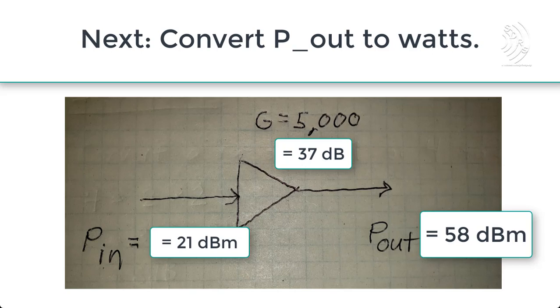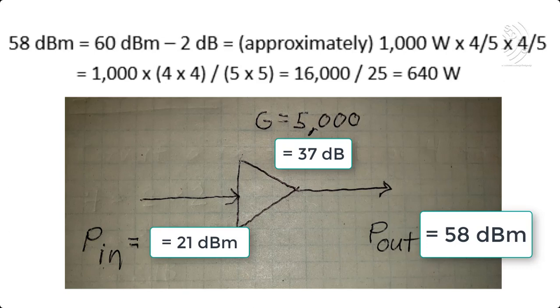To get closer to the exact answer, while still keeping things simple enough to avoid using a calculator, we can say that 58 dBm equals 60 dBm minus 2 dB, so that's approximately 1,000 watts times 4/5 times 4/5, and that is approximately 1,000 times 16/25, or 16,000 divided by 25.